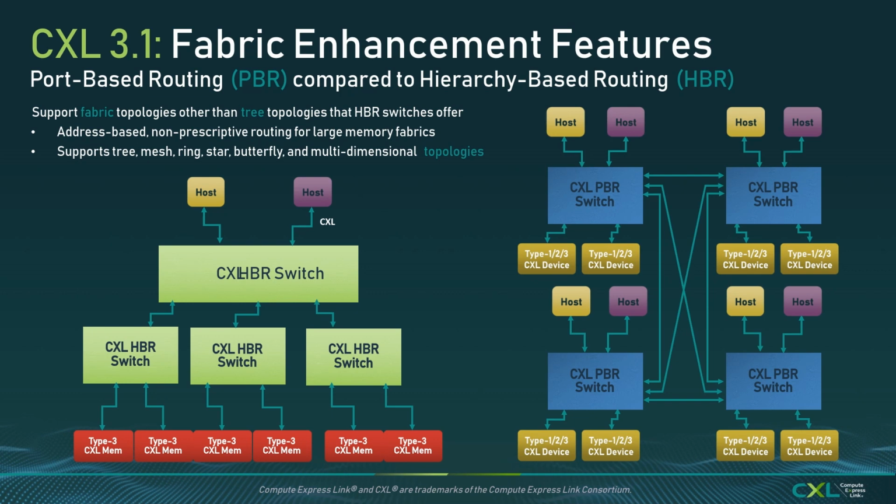So traffic on those links between the switches is really flowing in both directions. There's no longer a directional nature to the protocols on those links. So we break down that basic construct that we had with the hierarchy-based switches in the past, and this enables a much more flexible topology.